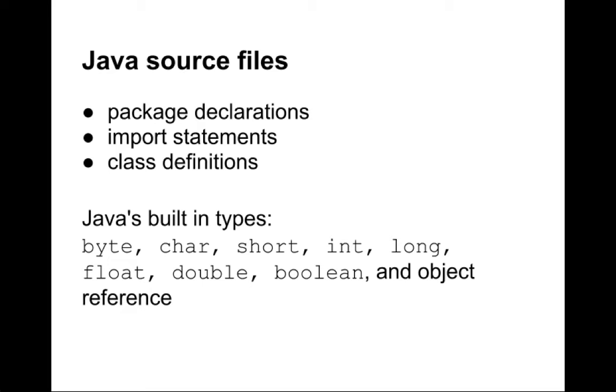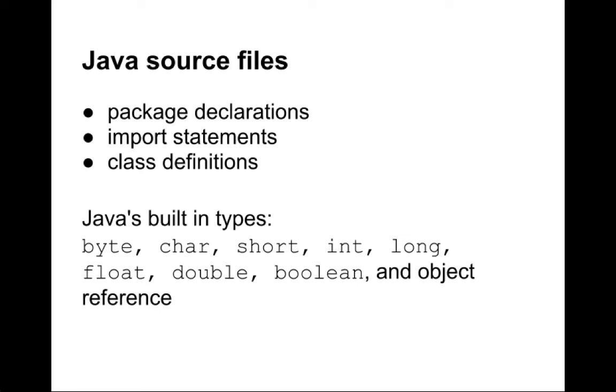Starting with the byte. A byte is an 8-bit integer. These are usually used for binary data. For example, if we have a program that's storing the bytes of an MP3 file or a GIF file in memory, we might create an array of bytes. Then we have characters. Characters are 16-bit Unicode characters.